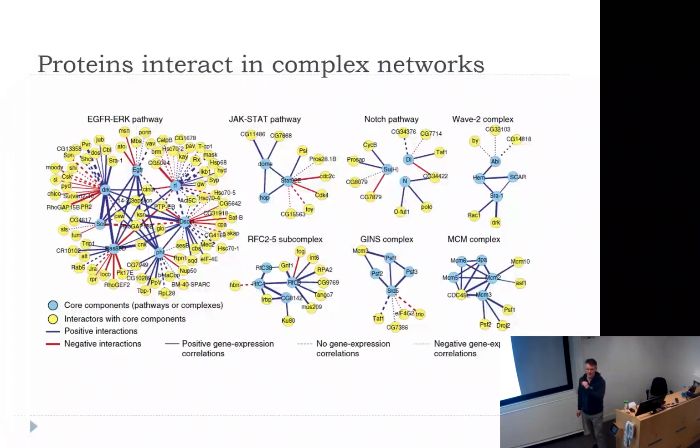Now, this is where the network part comes in. So you've all heard of networks, hopefully. Networks really are sets of interacting entities, if you like, and I'll talk about this a bit more in a moment. But essentially, rather than thinking about molecular machines, we can think about protein networks.